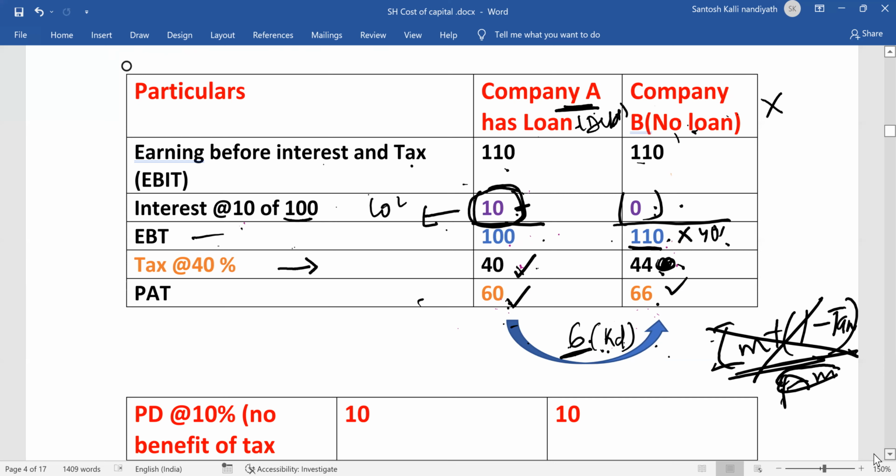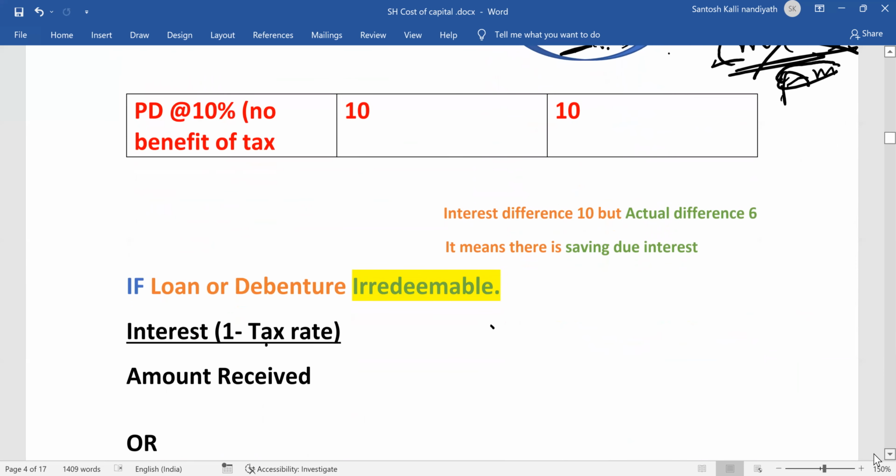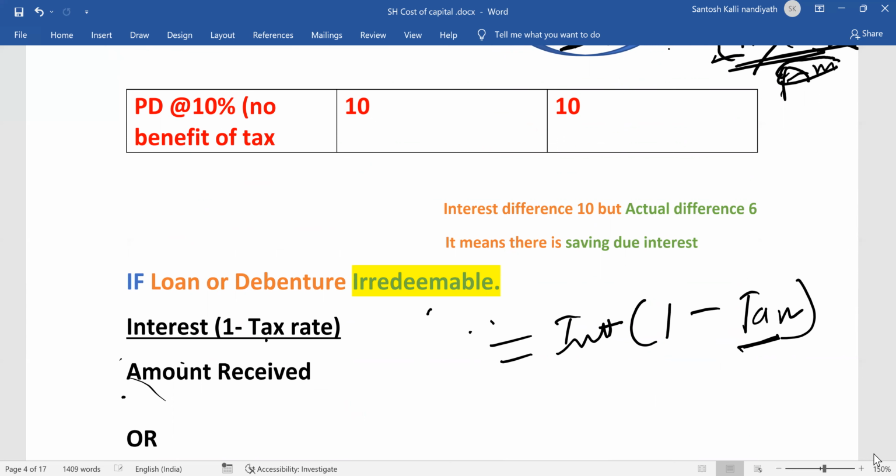So that's why the cost of debt formula is calculated this way: interest times 1 minus tax, divided by amount received. Generally, the amount received could change, then it would be interest times 1 minus tax, with tax in percentage form and interest also in percentage form. This would be the formula.